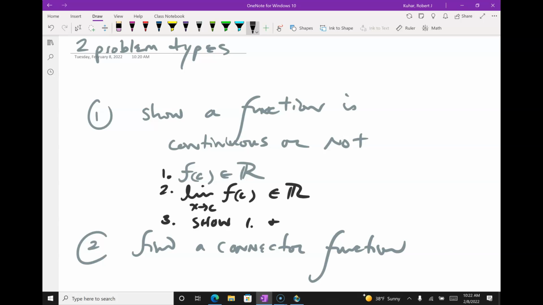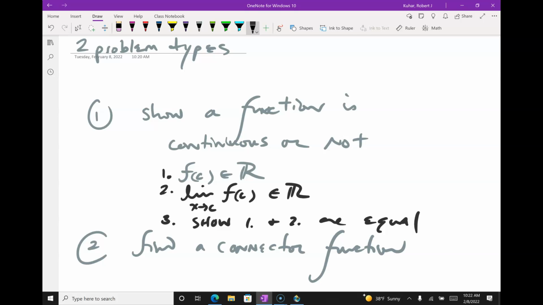Show 1 and 2 are equal. And we want to do them in that order. Make sure the function can be plugged into and you get a number. Make sure the limit exists, you get a number. Left and right have to be the same. And then show that the two results are the same.